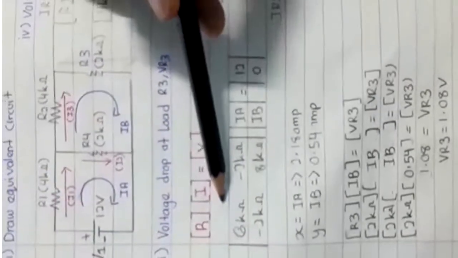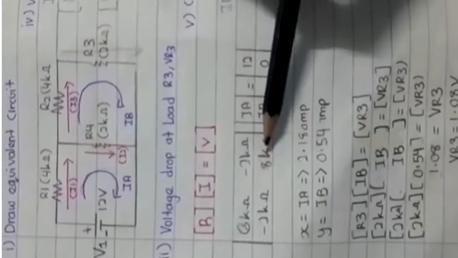So now I add R1 and R4, so 4 plus 2 is 6, and then I add 4, 2, 2. I add R2, R3, R4, so I got 8k, and then the difference between 2 is 2, so it's negative 2.